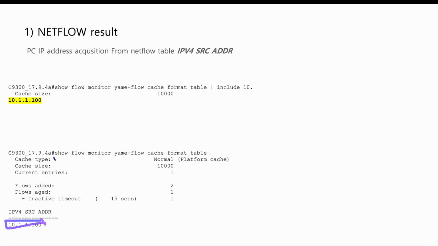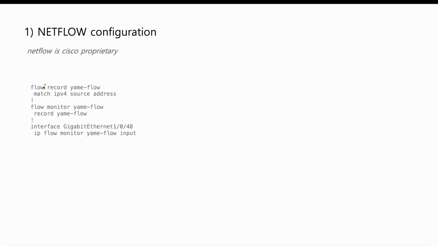This is a show command that I will use in the Python code. Show flow monitor cache format table looks like this, but using include and 10., we can see just this one. It's simpler. And this is the configuration, just the flow record.